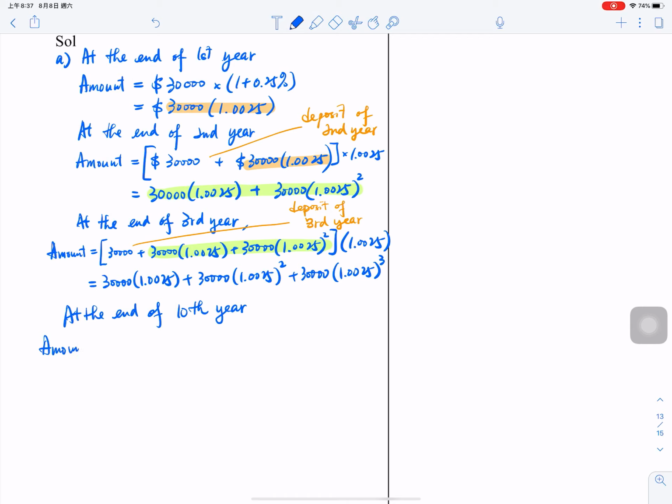The amount equals 30,000 times 1.0025, 30,000 times 1.0025 squared, and then dot dot dot, third year up to power 3.